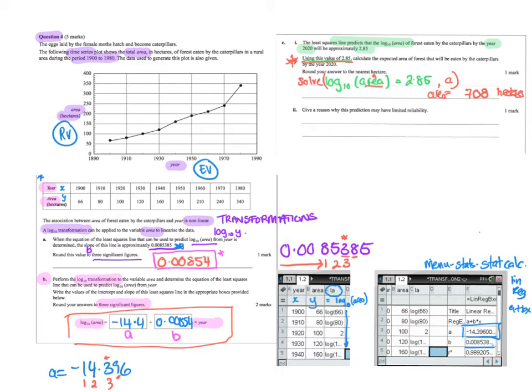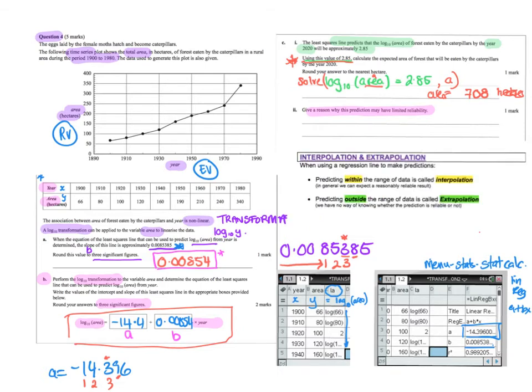Now the last question is: is this prediction reliable? This is a case of when you extrapolate, it's unreliable, and when you interpolate, it's reliable. So if you remember back to here, if you interpolate, it's when you predict within the data range.